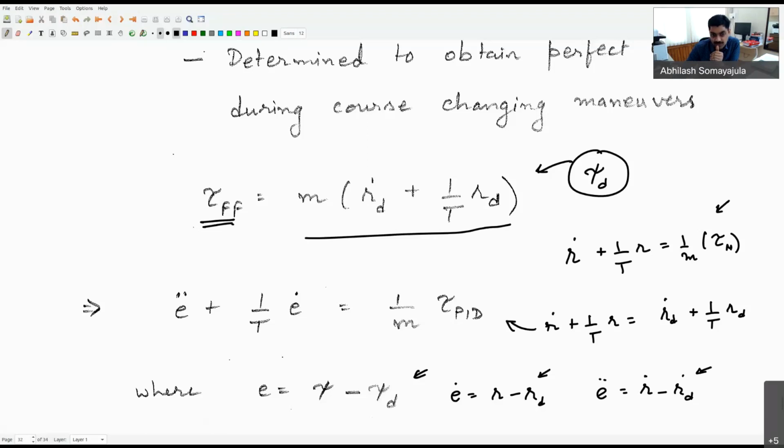Assuming there is no control action, this translates to e double dot plus 1 by t times e dot is equal to 0. As long as t is greater than 0, this means the system is exponentially stable.